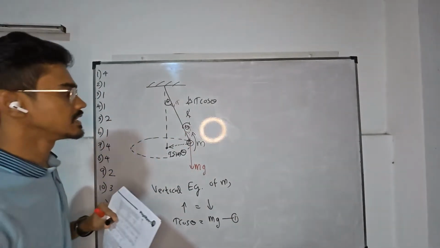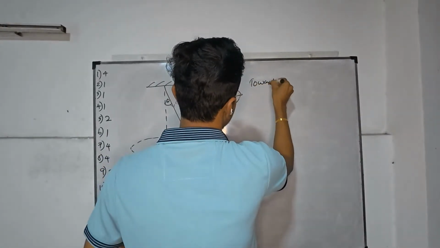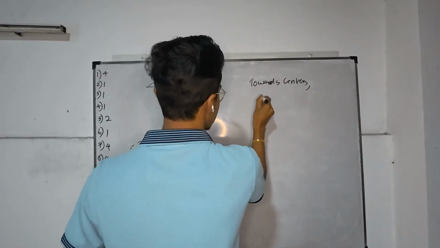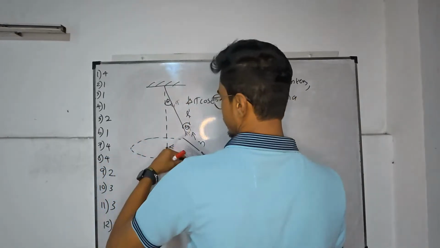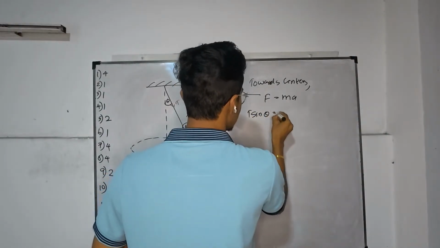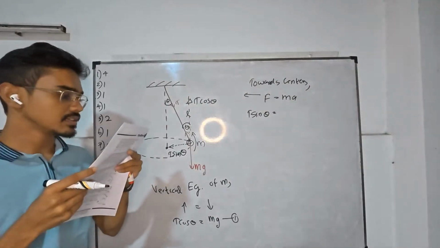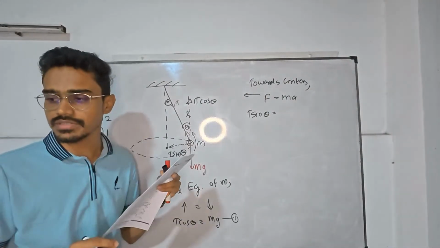Then we can use F equals ma towards center. The only force acting towards center is T sin theta. They are asking about the velocity, so expand it in terms of velocity.